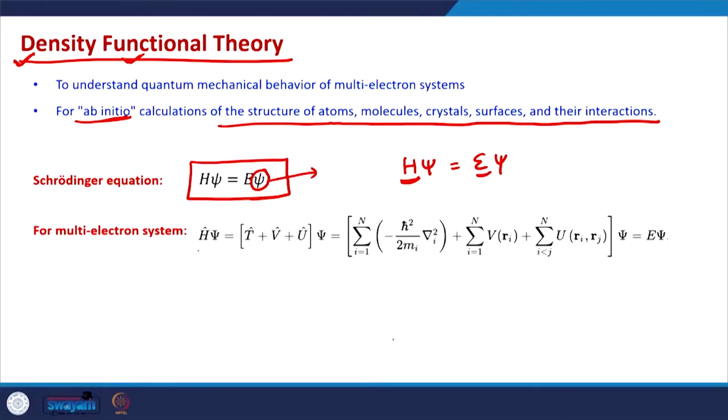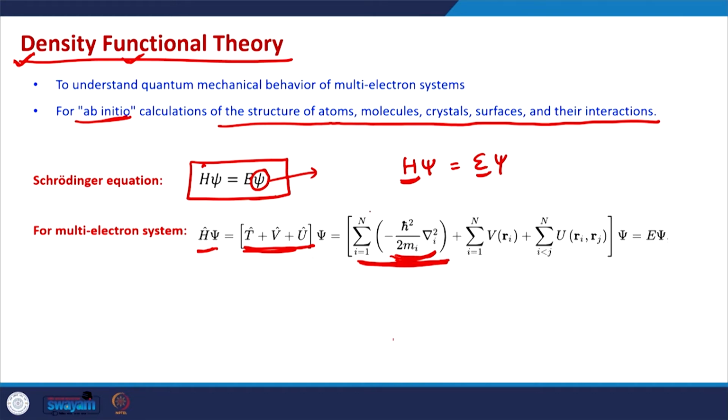So, in multi-electron systems, the Schrodinger equation transforms this way. This Hamiltonian now has three components, prominently. One is the kinetic energy of the electrons, which is given by the kinetic energy operator. Let us say there are capital N number of electrons in the system.